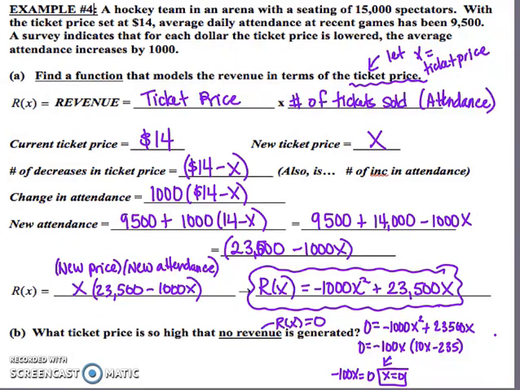If we let 10x minus 235 equals 0, and we solve for x, we get x equals $23.50.